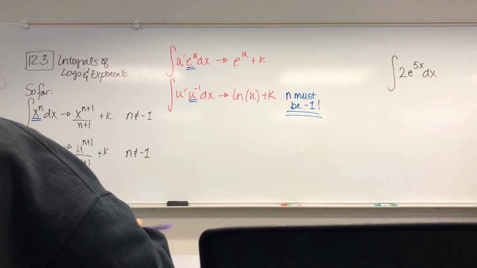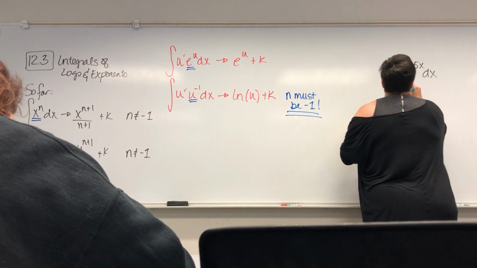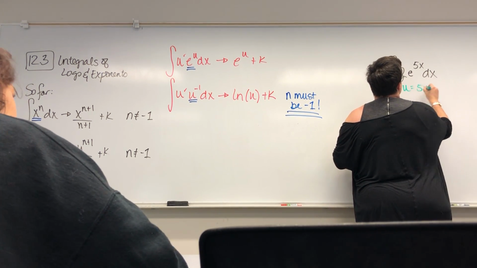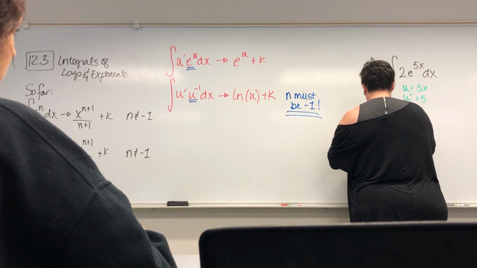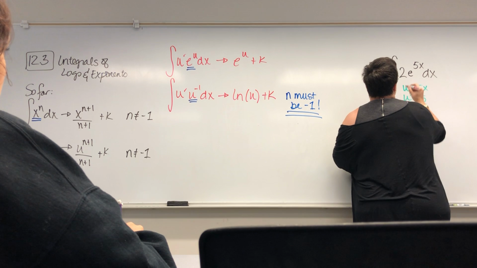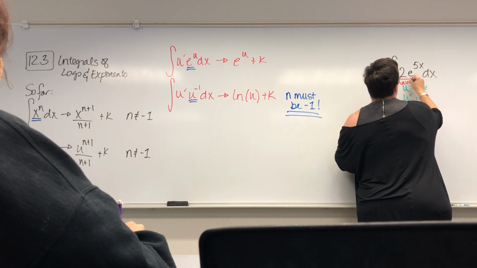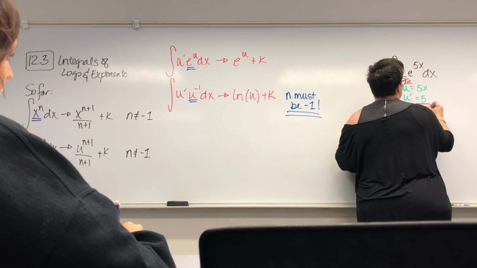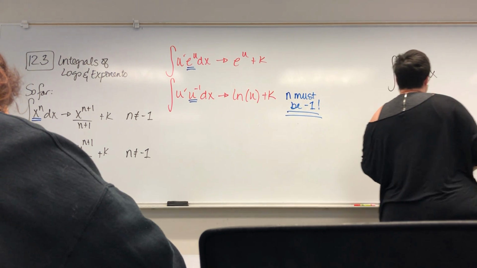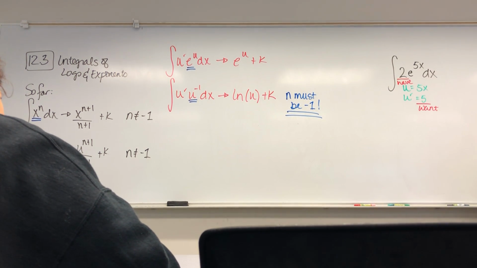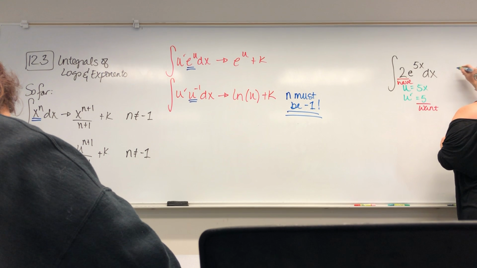So what's my u here? 5x. What's my u prime? 5. And what do I have? 2e. And what do I want? 5. Yeah, I have a 2 living where u prime needs to live, and I want u prime. Always want u prime. So what am I going to multiply and divide by? 5. Good.